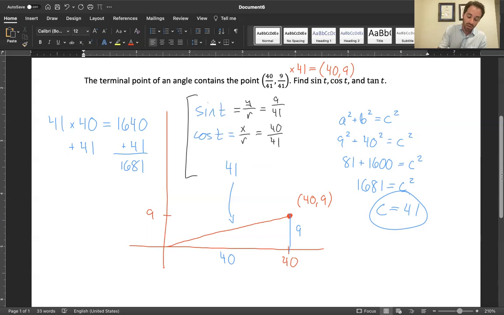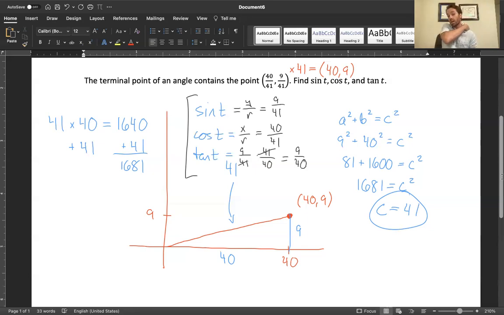And tangent of t is equal to the sine over the cosine, or the sine times 1 over the cosine, right? So the sine, 9 over 41, times 41 over 40, that's 1 over the cosine. 41s go away, and we get 9 over 40.